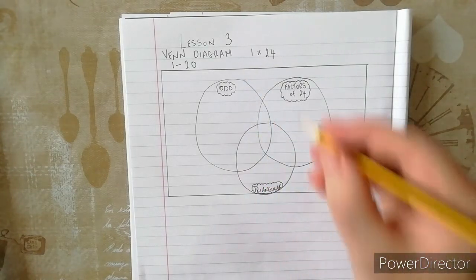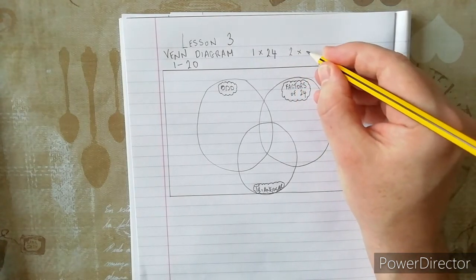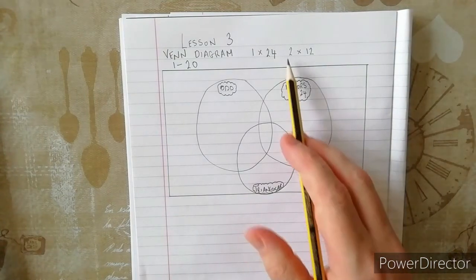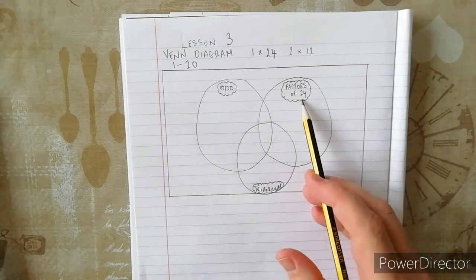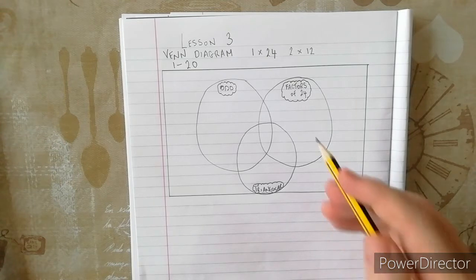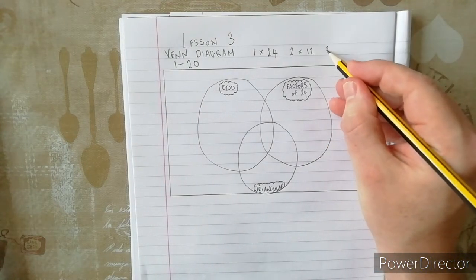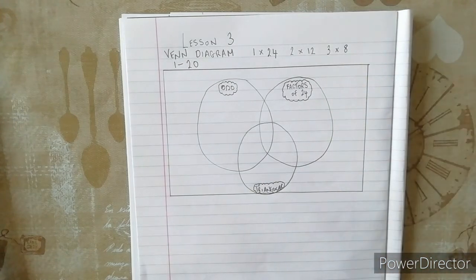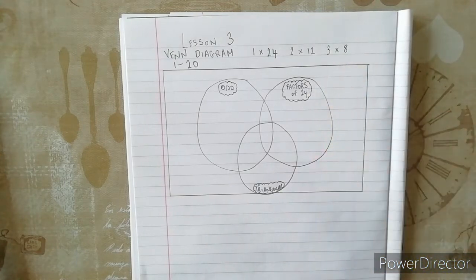So I can have 2 times 12. 2 times 12 makes 24. 2 goes into 24 12 times. 12 goes into 24 2 times. What about 3? Well, 3 does go into 24. 3 times 8. 3 goes into 24 8 times. 8 goes into 24 3 times.